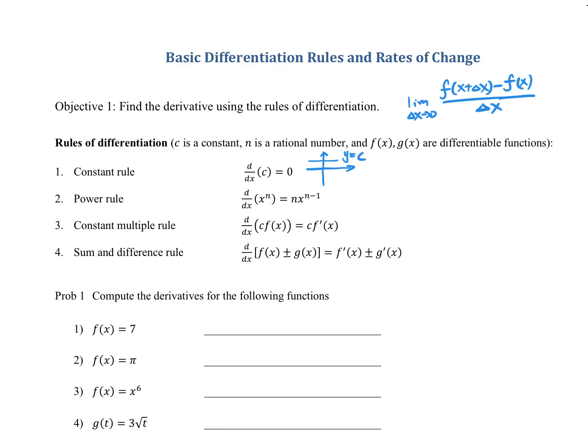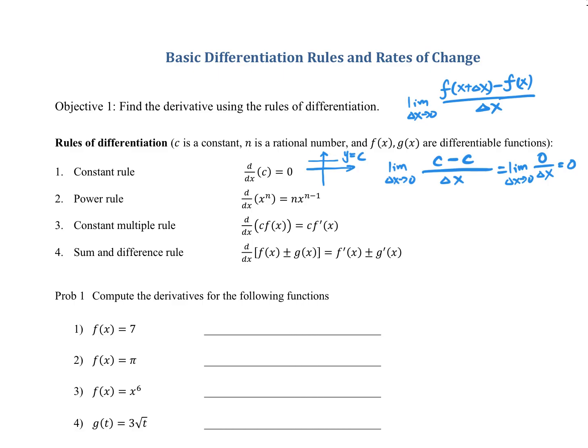Therefore, f of x plus delta x will be equal to c, and f of x will also be equal to c, and this is equal to the limit as delta x approaches 0 of 0 over delta x, which is 0. Therefore, this limit is equal to 0.